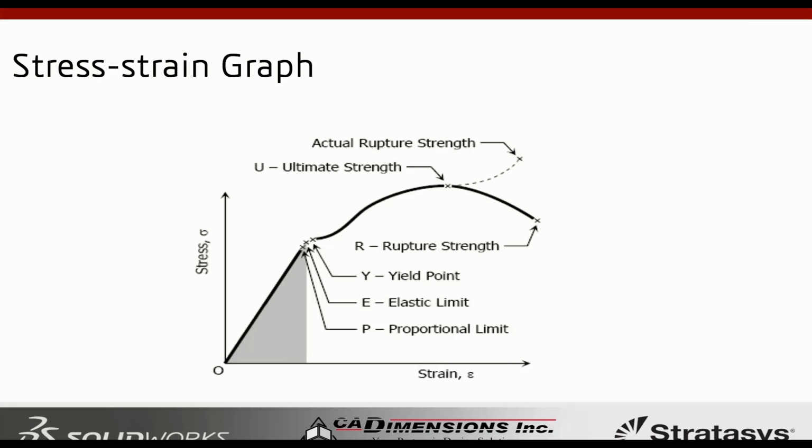Before that, I just wanted to show you, I did mention the stress strain graph a few times. Websites such as MathWeb will not give you a stress strain graph. They will give you these numbers. They will basically give you a yield point or an ultimate strength, and you will be able to plug these numbers into SolidWorks simulation.